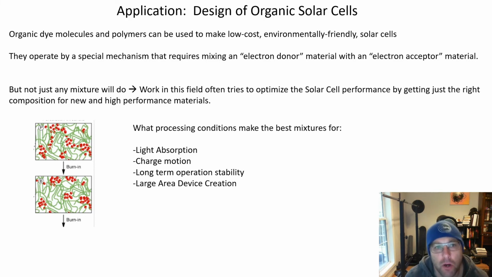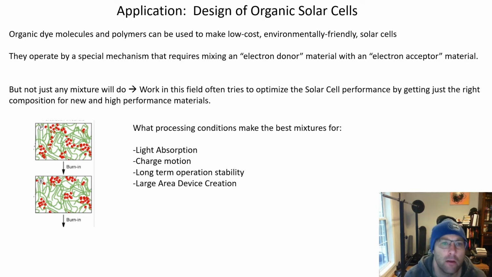Let's not dwell on the details, but there's a special mechanism inside these organic solar cells that requires you to take one of the organic materials as an electron donor and mix it with another type of organic material that's an electron acceptor. You just have to do that to make these materials turn sunlight into electrical current.